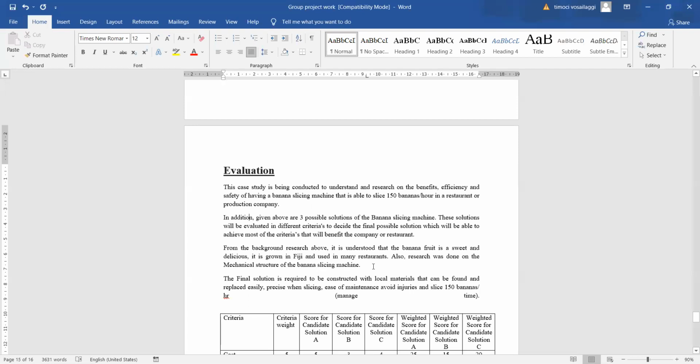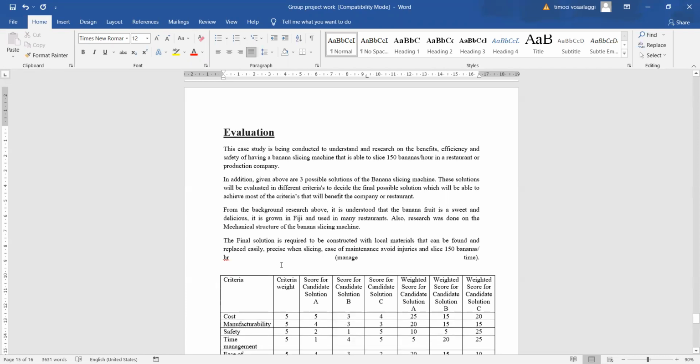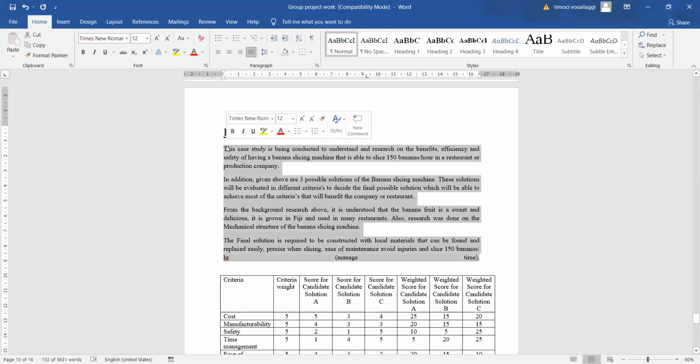Okay, the final solution is required to blah, blah, okay. Right, so all of this is a summary. It doesn't count as an evaluation. You just summarized everything that you've done before and then put it as evaluation. So this technically is not how we are expecting you guys to evaluate.